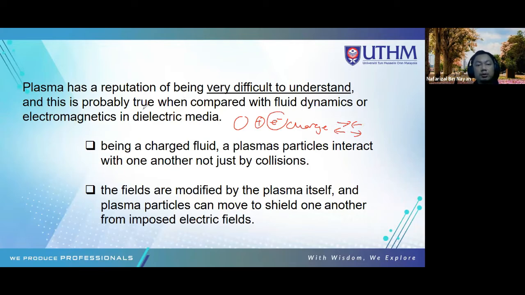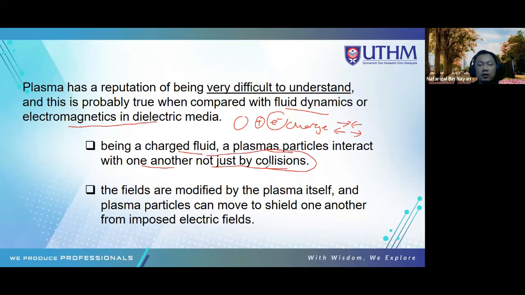This is probably true when we compare with fluid dynamics and electromagnetics in a dielectric. It's not only a fluid; it's also electromagnetic. Being a charged fluid, plasma particles interact with one another, not just by collision.